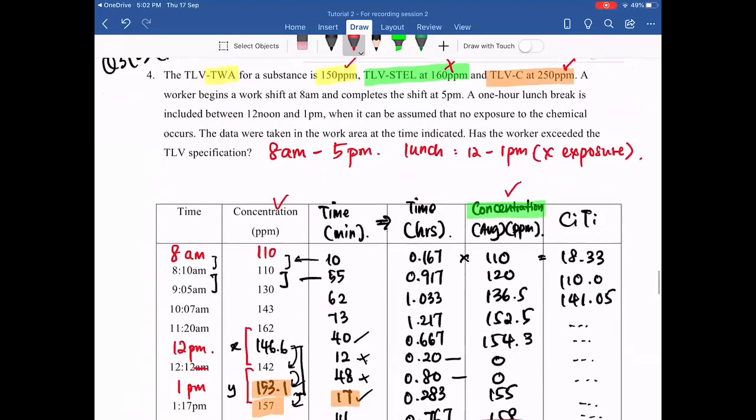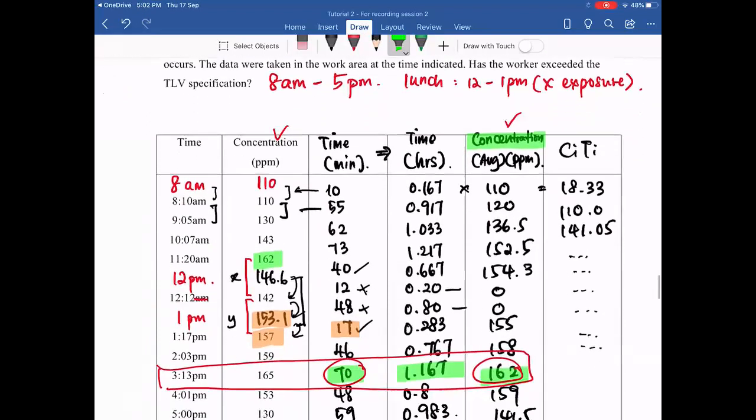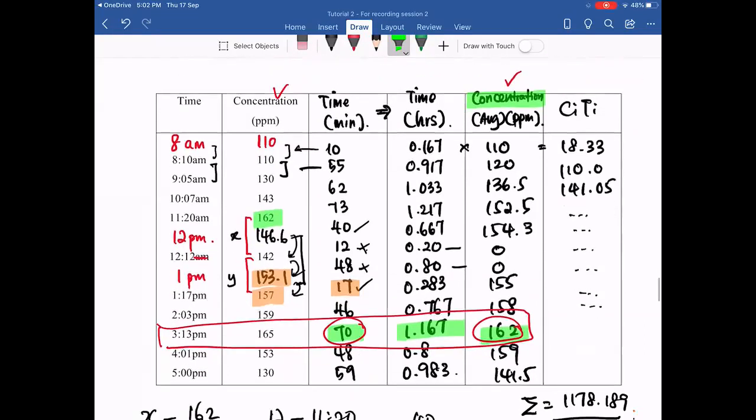So now we talk about actions. What do you want to do during these periods of time? You may also notice that at a certain point of time here, 162, you actually have some exposure as well. So this is where the level is high.